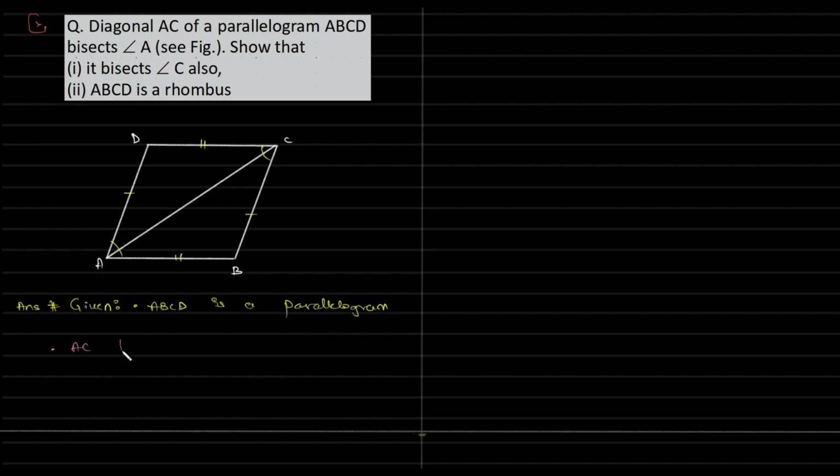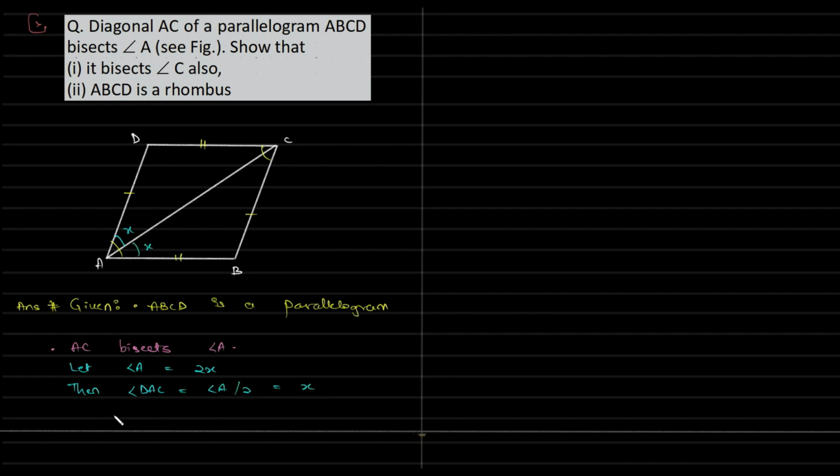So AC bisects angle A. So we can let angle A be equal to 2x. Then angle DAC, this particular part of the angle, is equal to angle A by 2, so that's equal to x.